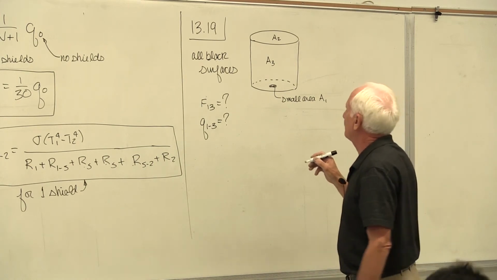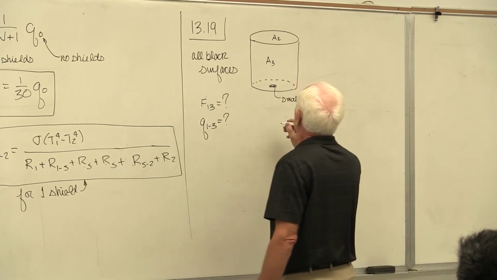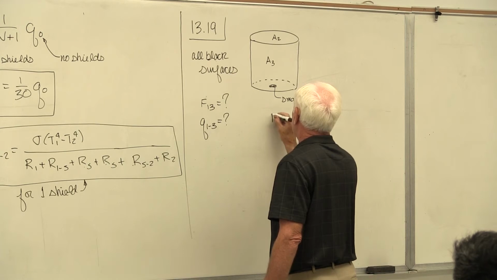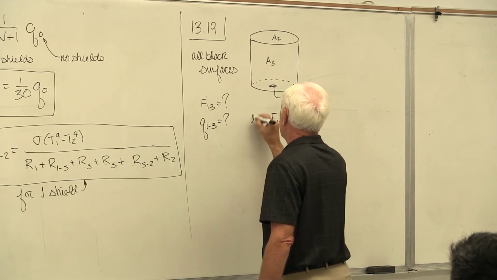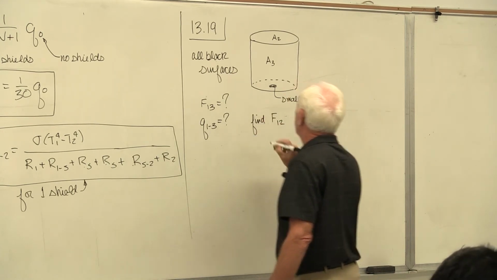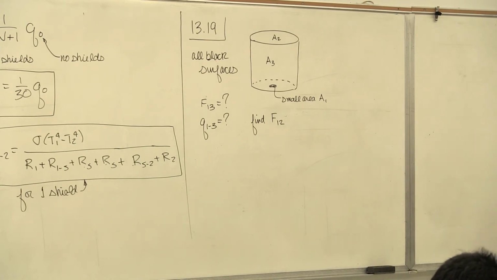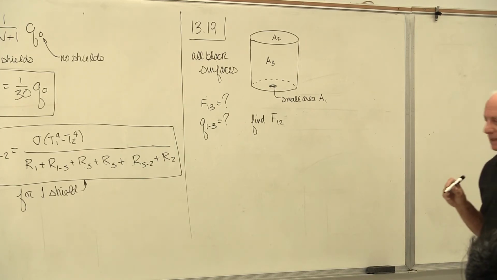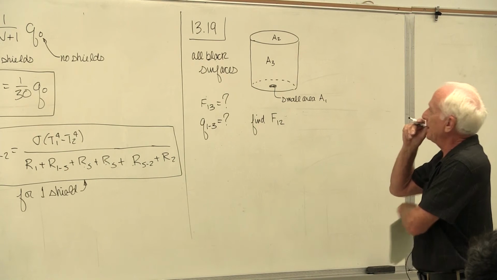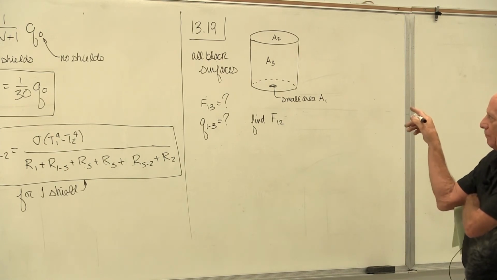We're supposed to find F13. First of all, there's no table or graph in the textbook that allows you to find F13 directly. You can't do it. You have to do it indirectly. So I can't find that, but I think I can find F12.